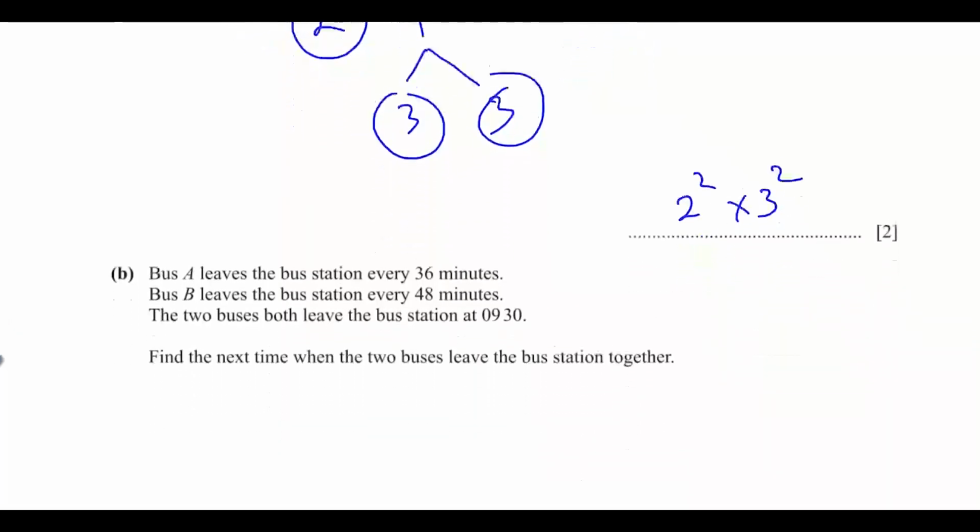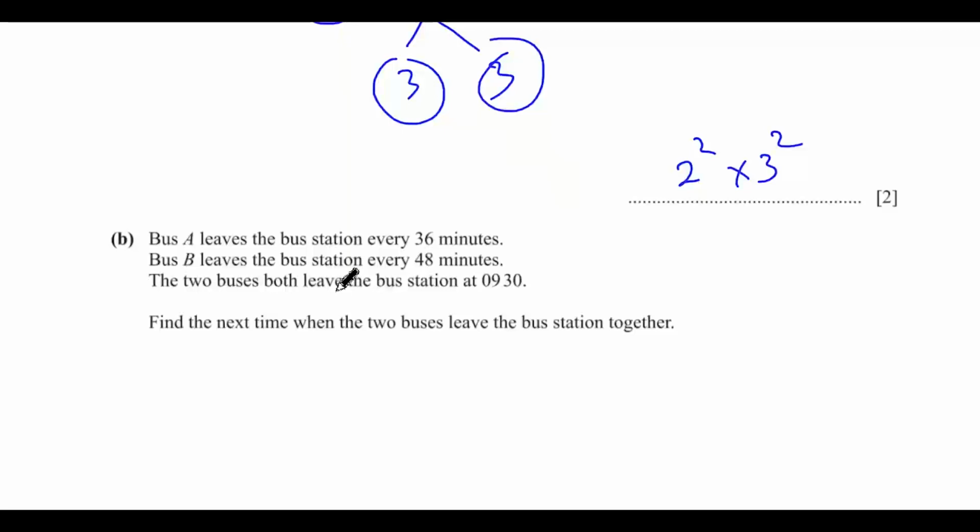Part B. Bus A leaves the bus station every 36 minutes. Bus B leaves the bus station every 48 minutes. So the two buses both leave the bus station at 9:30. Find the next time when the two buses leave the bus station together. So this question is an application of lowest common multiples.